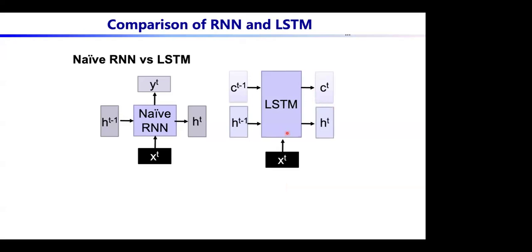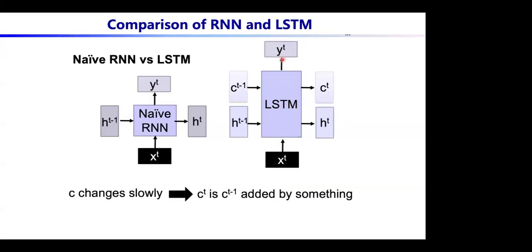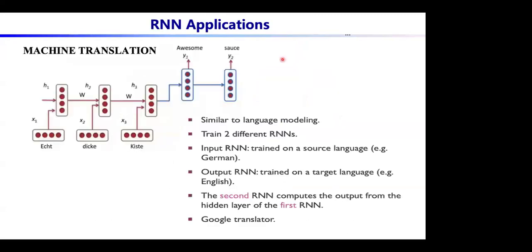Also inside this box there are more complicated multiple operations to filter what kind of information should go to the long arm, and in what form it should go. And then each should have this output on the top. So that's the differences. Okay.